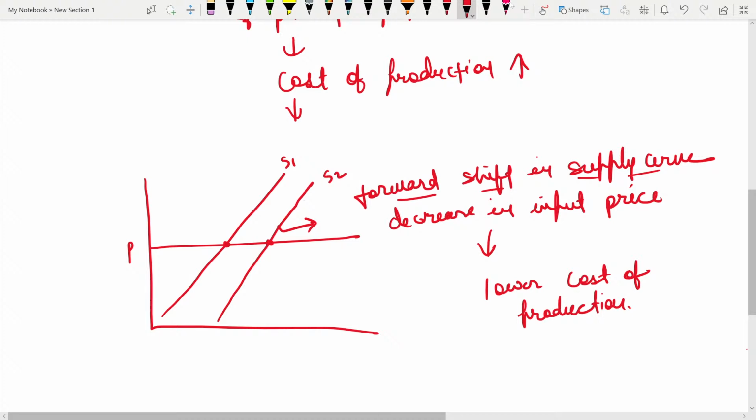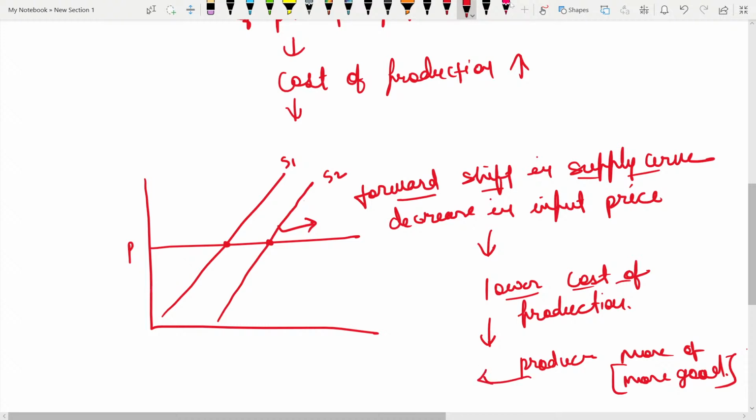So they are capable to increase the supply. Due to lower cost of production, producers start to produce more of the goods. Therefore, the supply has increased, and this will lead to what? A shift in the supply curve. That means a forward shift in the supply curve.